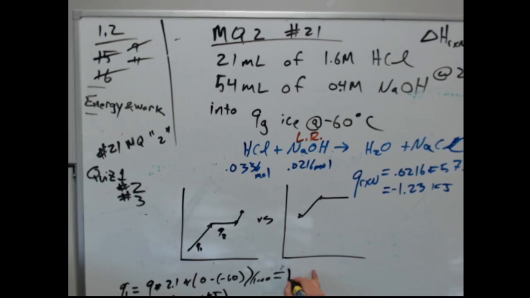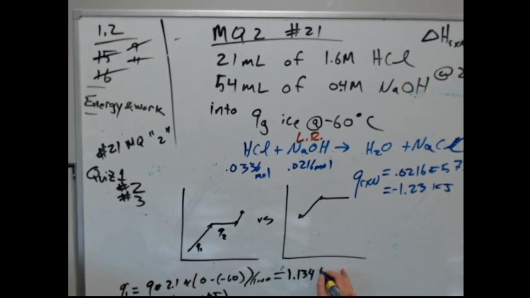So we get 1.134 kilojoules just to warm the ice up. 9 divided by 18 gets us 0.5, times 6.01 gets us 3.01 kilojoules of energy just to melt the ice.